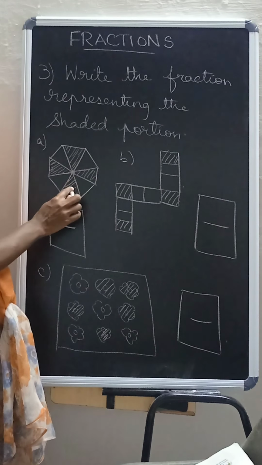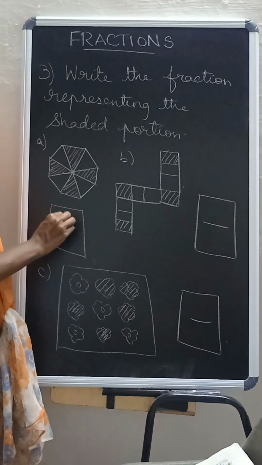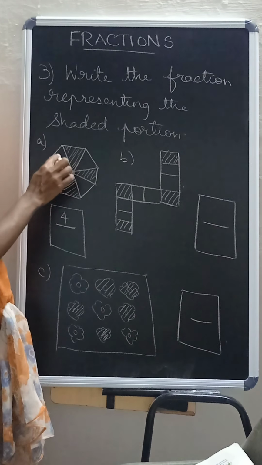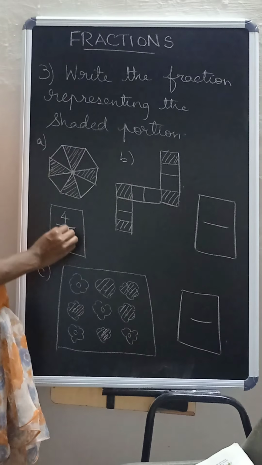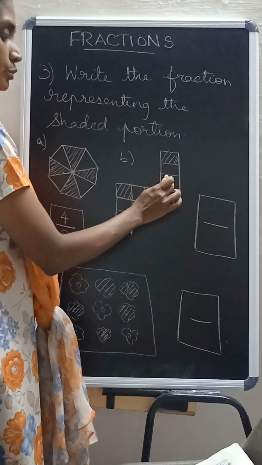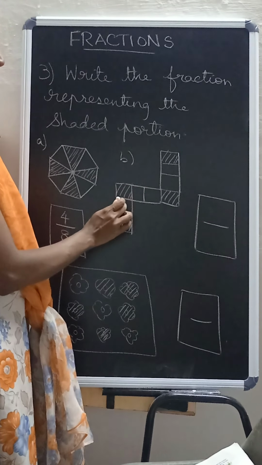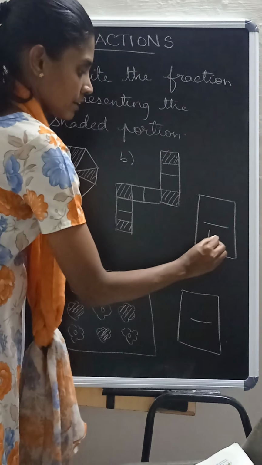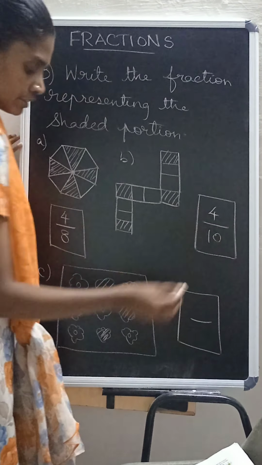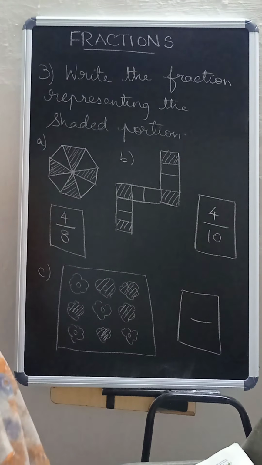1, 2, 3, 4. So 4 out of 1, 2, 3, 4, 5, 6, 7, 8. 4 out of 8. Here 1, 2, 3, 4, 5, 6, 7, 8, 9, 10. 1, 2, 3, 4. 4 shaded. So 4 by 10.